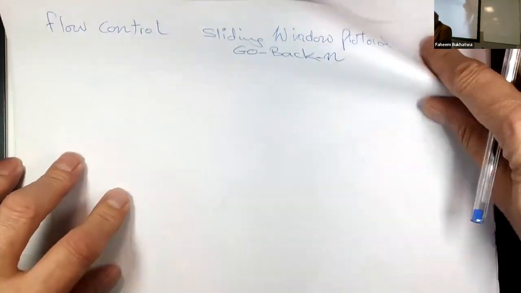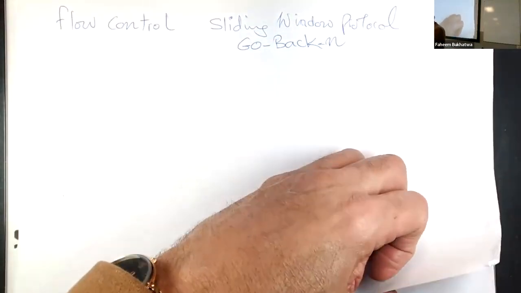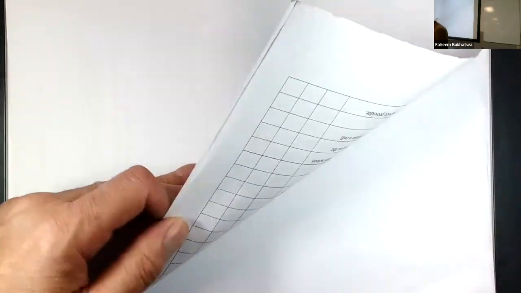So before we talk about the sliding window protocol, we need to have two other pieces of information clear. One is we need to have numbers for those frames.